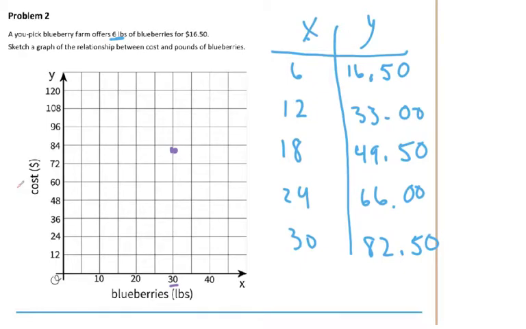So 6 and 16.50 is like here. 12 and 33 is like here. 18 and then almost 50, so that's like here. And then 24 and 66 is like about there. So then I have my graph, and I can put my little line in. And that's about what the graph would look like if we were going to graph the relationship between the cost of blueberries and the amount of pounds that you purchase.